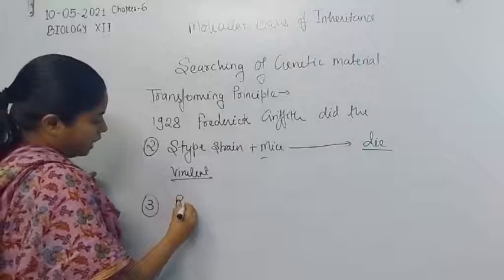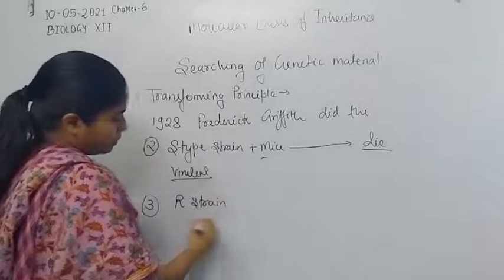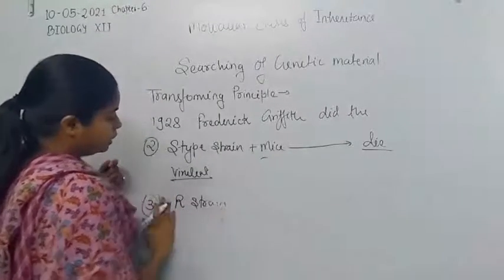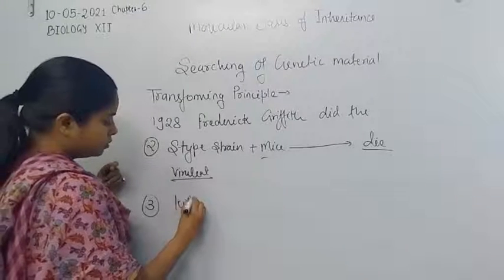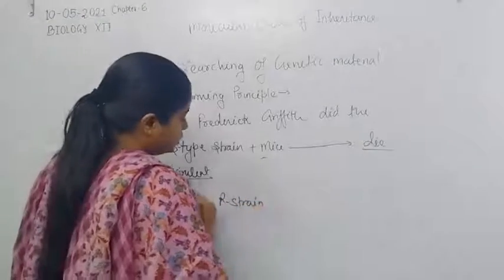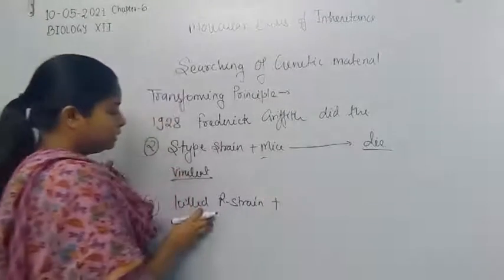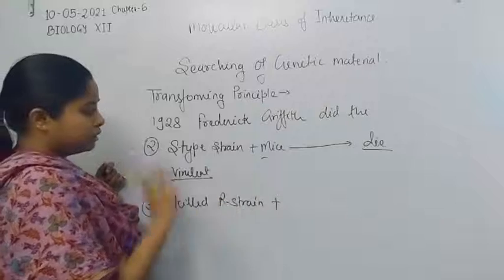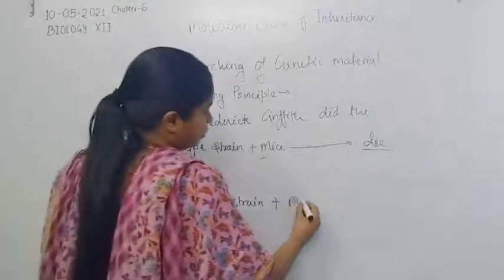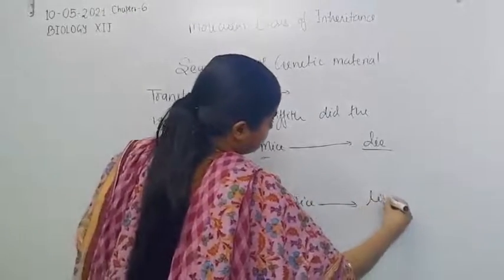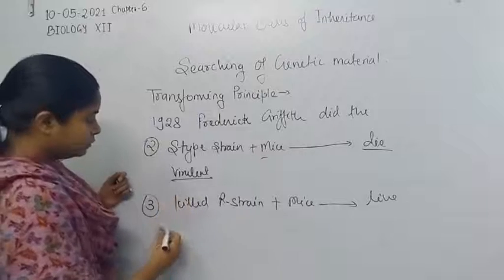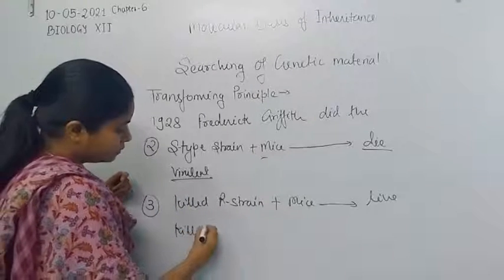That means he killed the R strain, so the R strains were not in a live form, and when he injected this killed type of R strain into the mice, they stayed alive. Separately, he again killed the S strain.